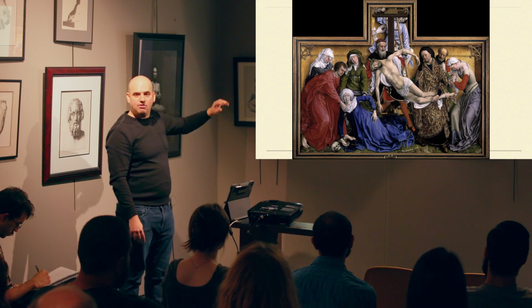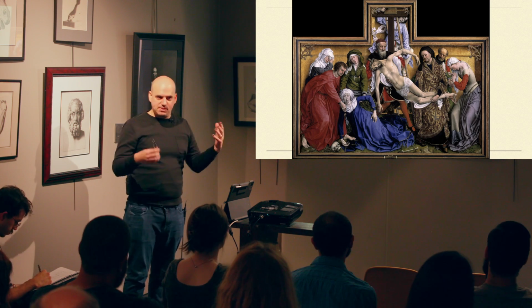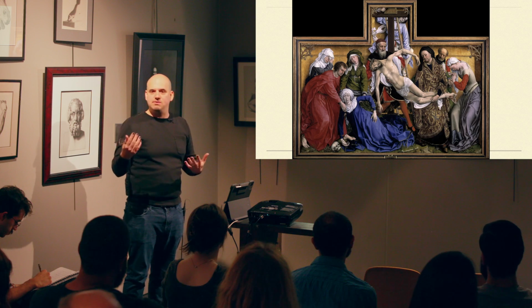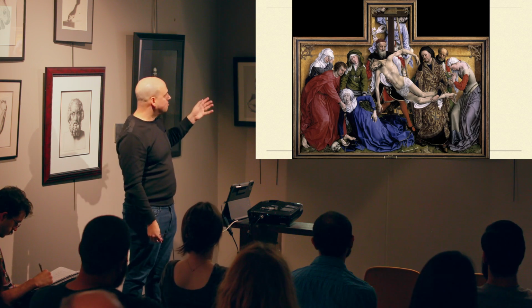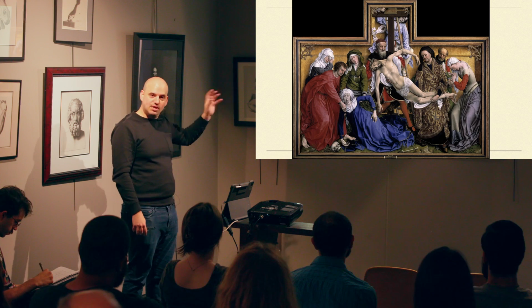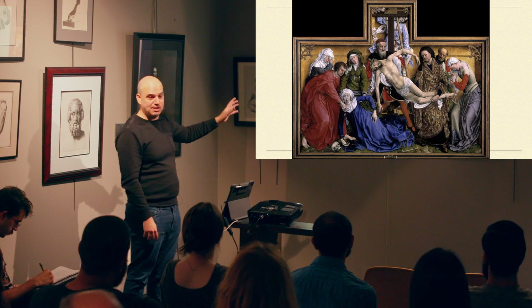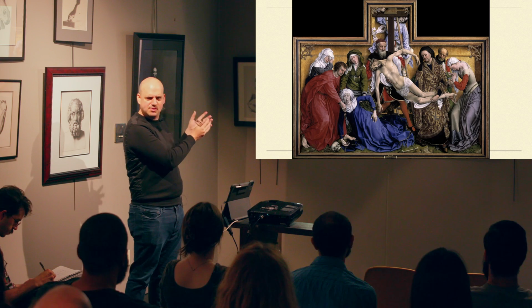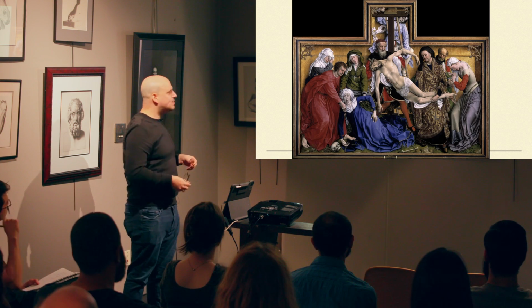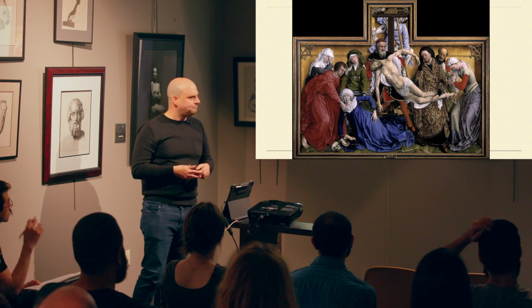So the gold background, which previously meant in Byzantium this kind of space out of space, this eternal gold, here Roger van der Weyden is turning that on its head and making it a literal spatial space, almost as if these clusters of figures are in a niche. So it's all about illusionism, really.